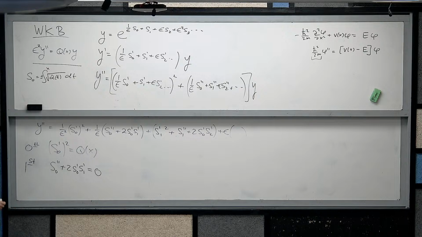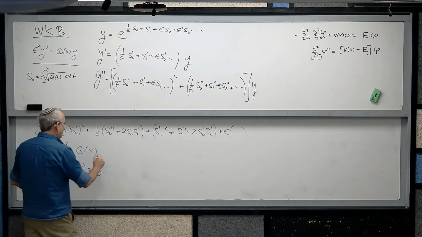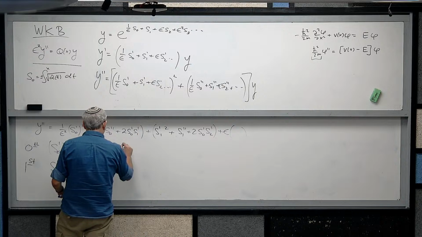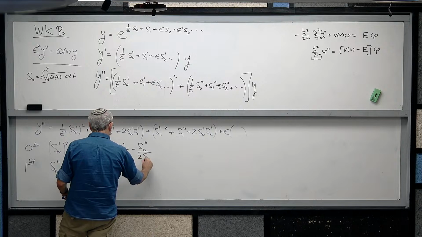What's the solution here? We know S naught, so S1 prime is minus S naught double prime divided by 2 S naught prime.